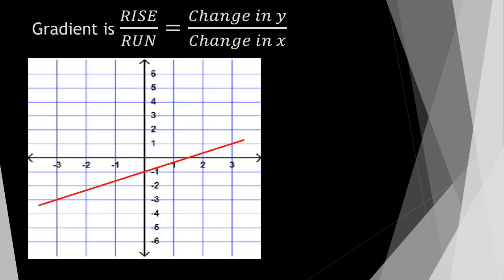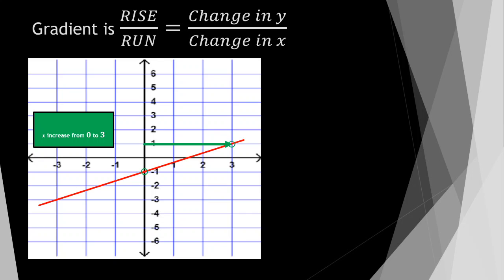So let's look at a different line with a different gradient. Here we have a slightly less steep line, but we're going to pick 2 points. Here we have where x equals 3 and y equals 1, and here we have where x equals 0 and y equals -1. So the first thing we want to figure out is how far x has increased.